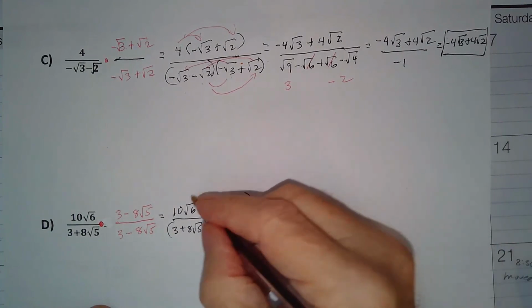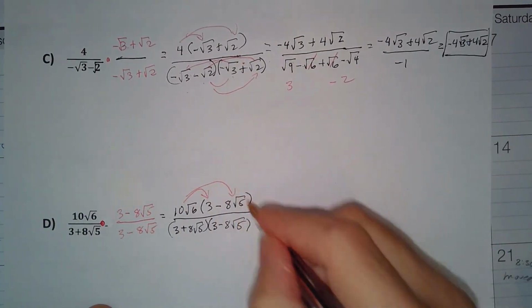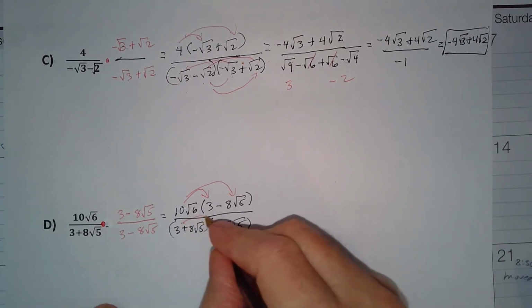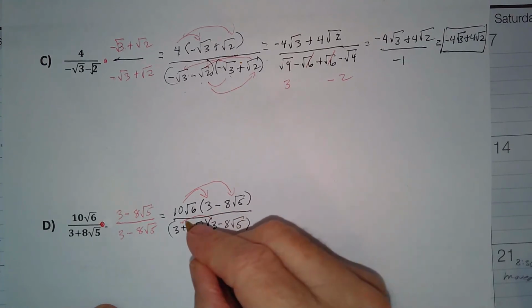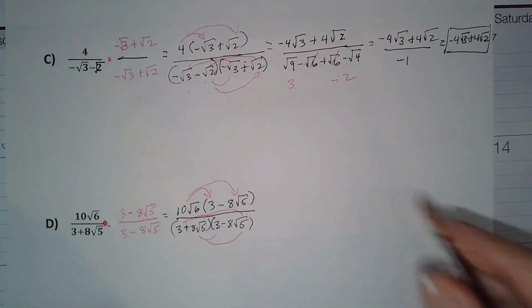So we're going to multiply this number times 3 and that number times negative 8 square root of 5. We're going to do FOIL over here. Okay.